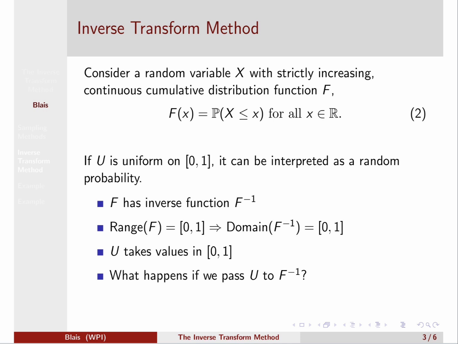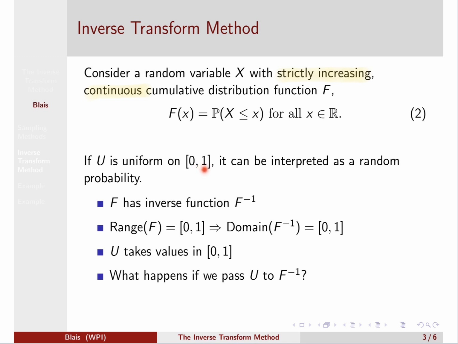So suppose that we're after a random variable, say X, coming from a distribution with cumulative distribution function F. And let's assume that we are in the nice case where the CDF is strictly increasing and continuous. So the uniform 0, 1 random variable takes values in 0, 1.